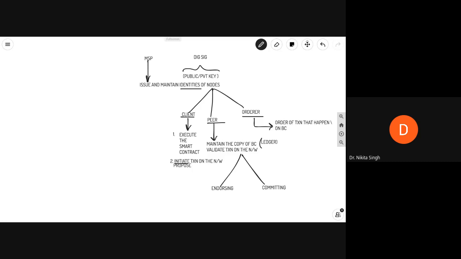Endorsing peers simulate and endorse transactions. We'll see what this means when we understand the transaction lifecycle in Hyperledger Fabric. But they have two responsibilities: they simulate and endorse transactions. And we have committing peers, which are called the committers.